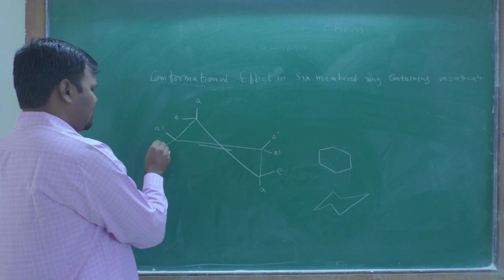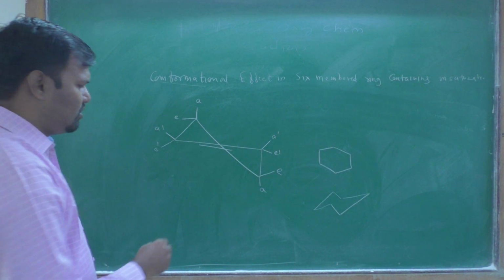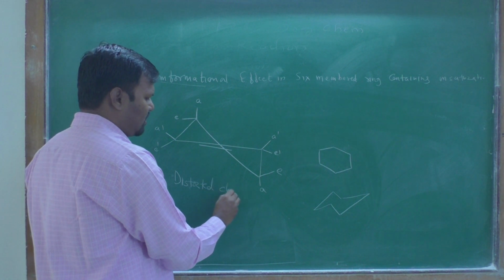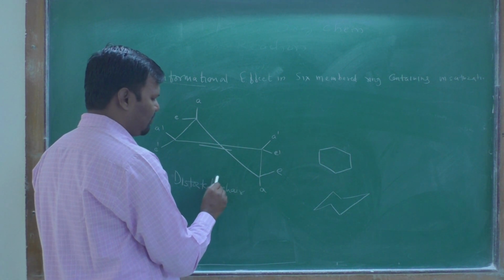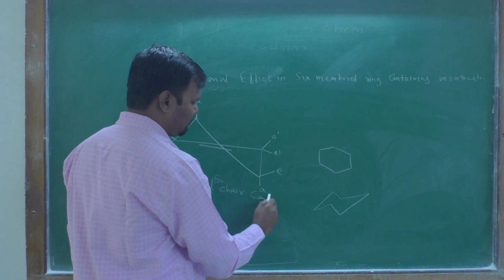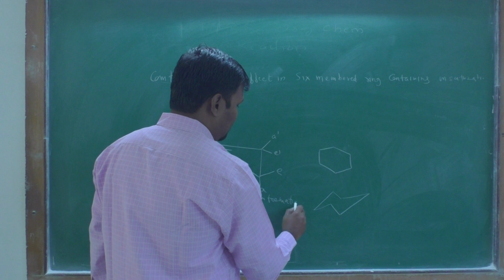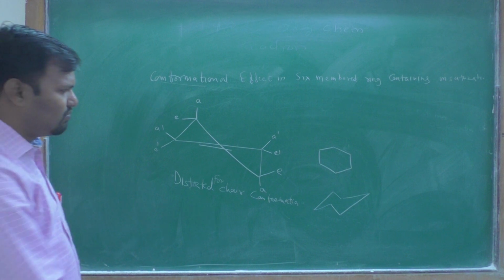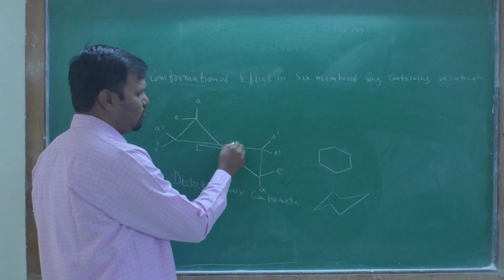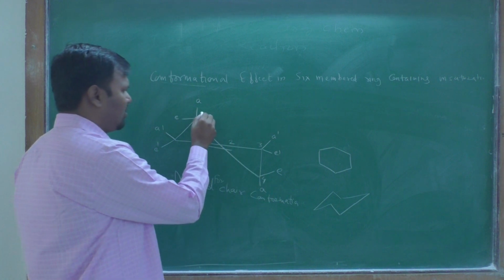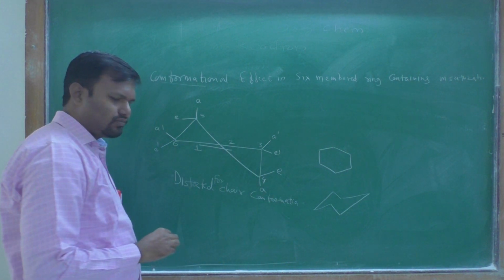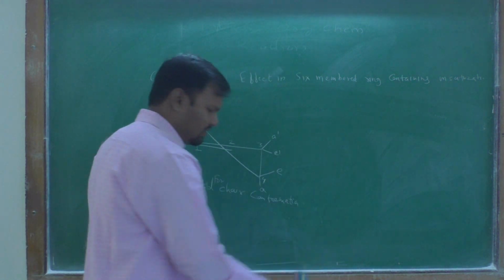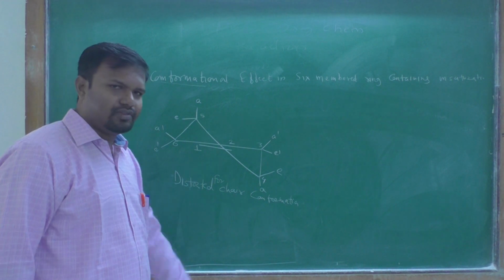This is a distorted chair form, distorted from the chair conformation which occurs in cyclohexane that does not contain any unsaturation. If we number the carbons 1, 2, 3, 4, 5 and 6, we have some observations for this conformation.